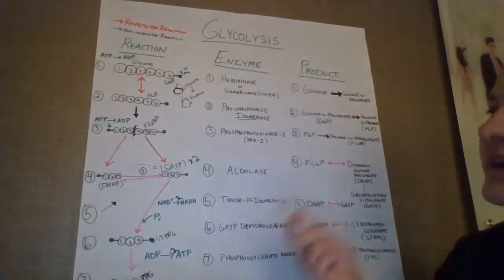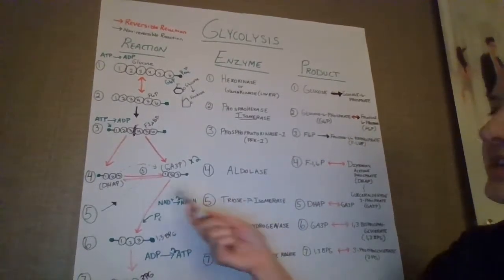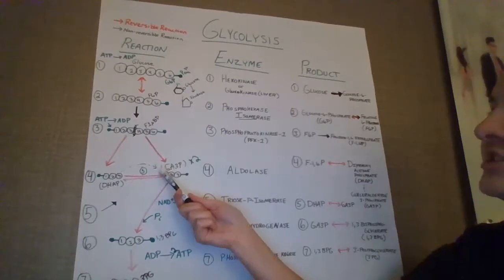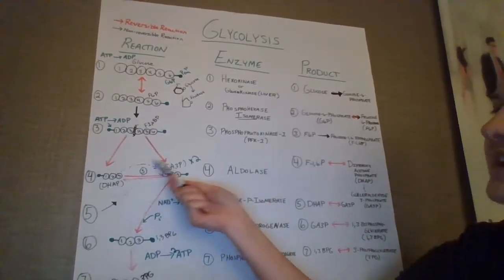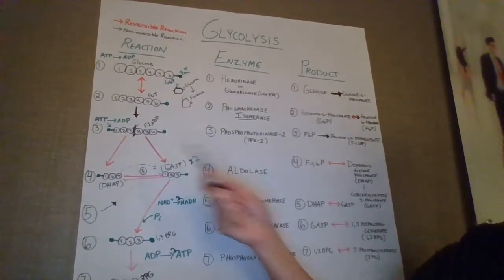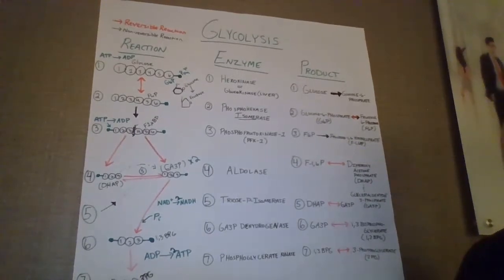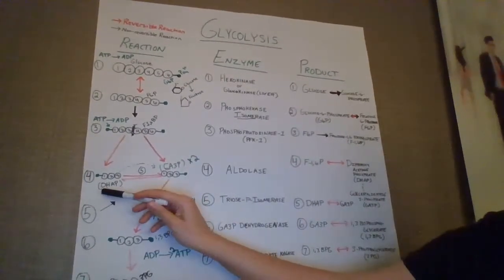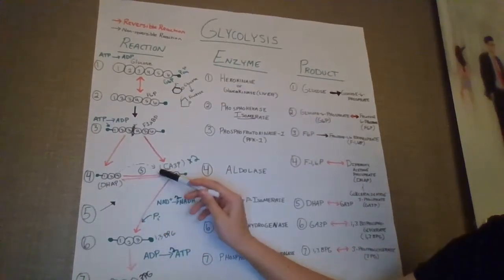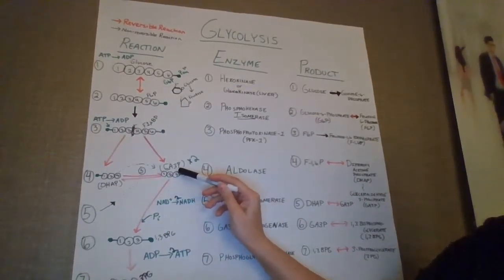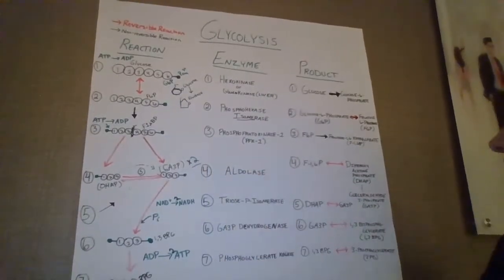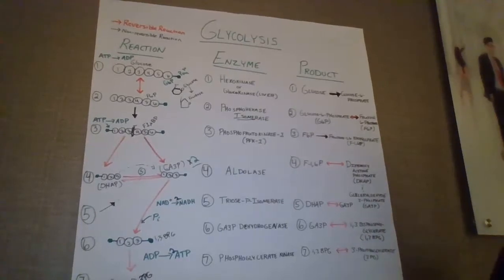It can be reversed, but in general, what we're going to do is we're going to take this DHAP and it's going to get converted into a GA3P because it actually favors the forward reaction for this one. And the reason why it favors the forward reaction is it's more energetically favorable. So now that we have converted the DHAP into another GA3P, not only do we have 1, but now we have 2 copies of the glyceraldehyde 3-phosphate.